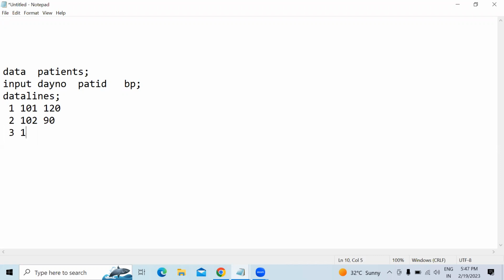And third day, it's 130. Again, patient number 1 is repeated here. So the BP value got changed in the second visit for the patient ID.